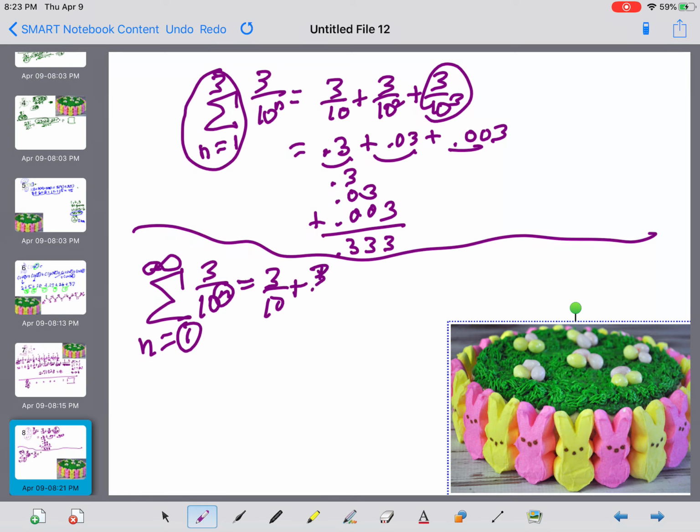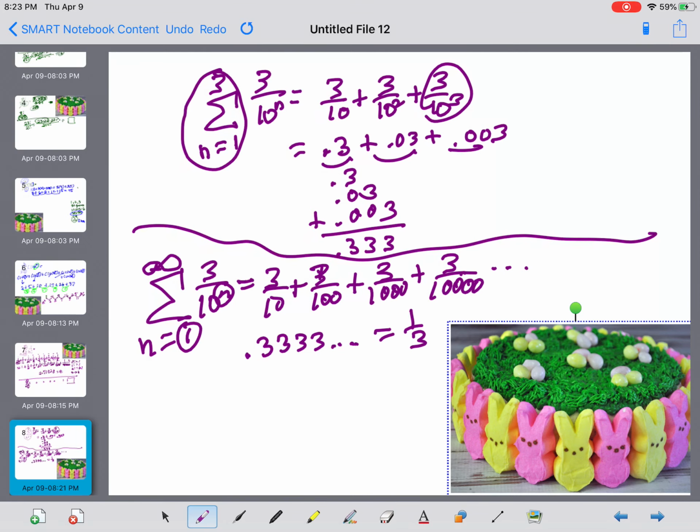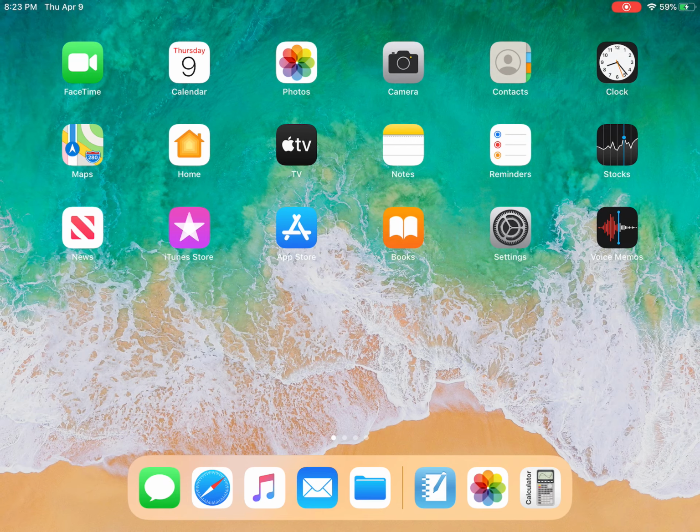So it'll be 3 over 10 to the first, 3 over 10 to the second, 3 over 10 to the third, 3 over 10 to the fourth. And you can't always do that. There are certain things I'll teach you about when you can add up an infinite number, but this is just going to start being 0.3333 repeating, which adds up completely to 1/3.